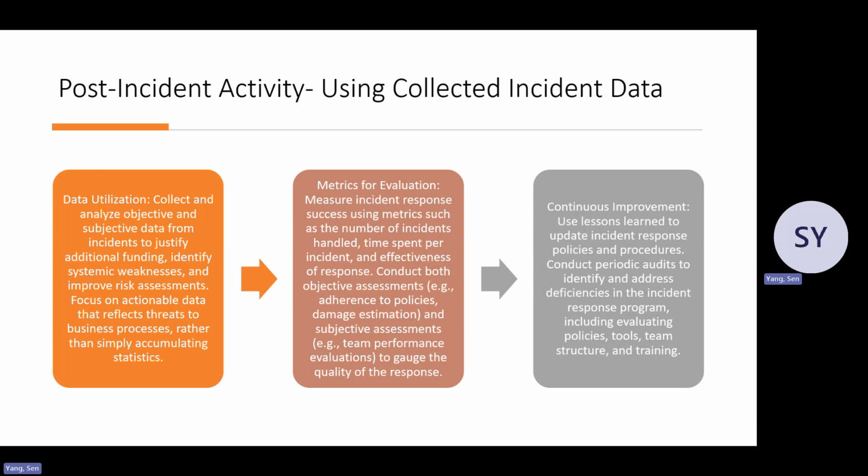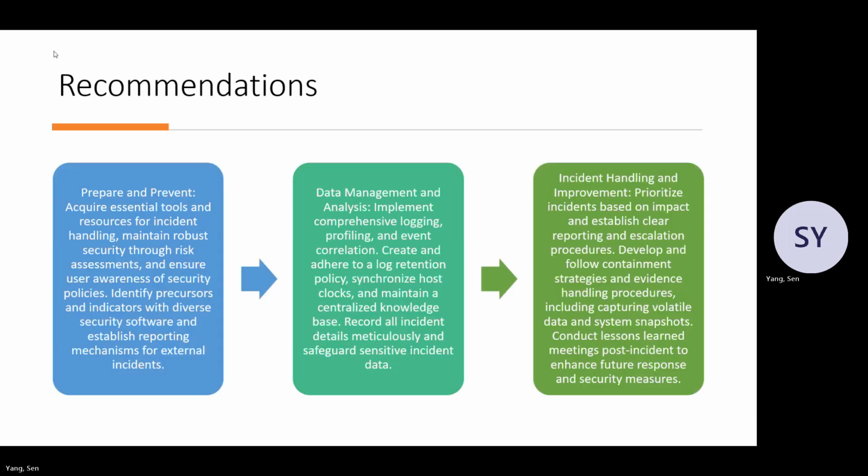And for metrics, measure response success using metrics such as the number of incidents handled, time spent per incident, and effectiveness of the response. For continuous improvement, we should use lessons learned to update incident response policies and procedures, and conduct periodic audits to identify and address deficiencies in the incident response program.